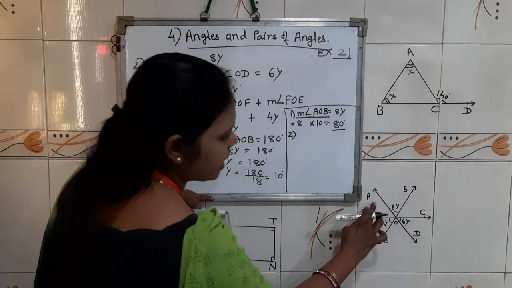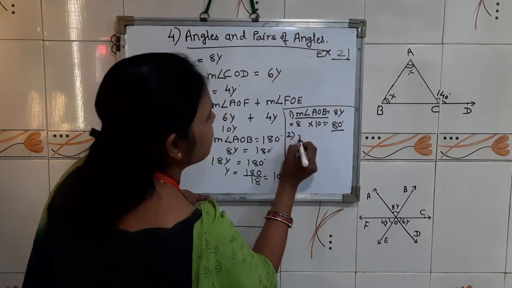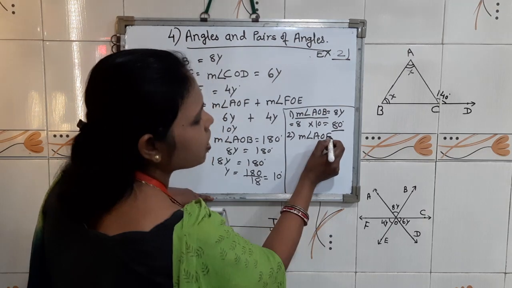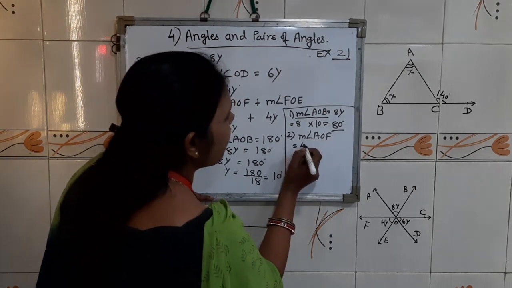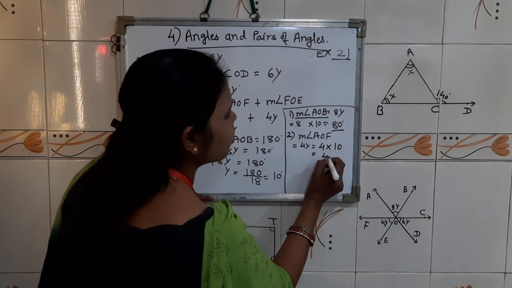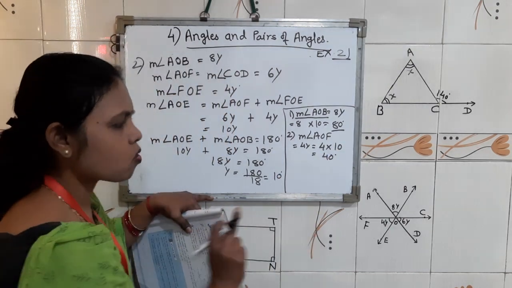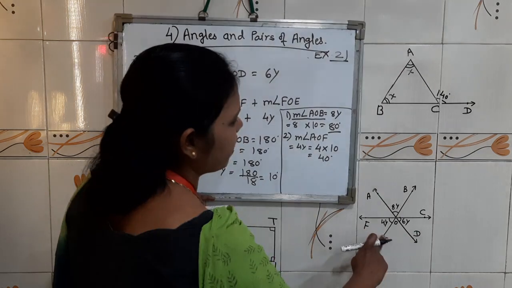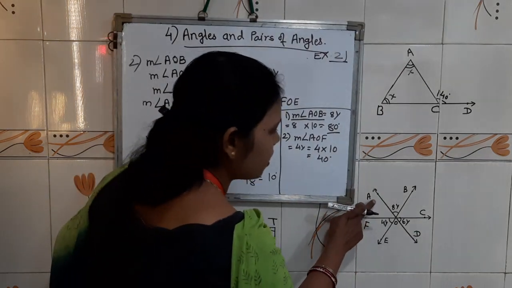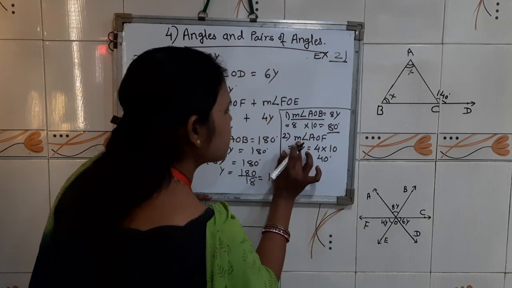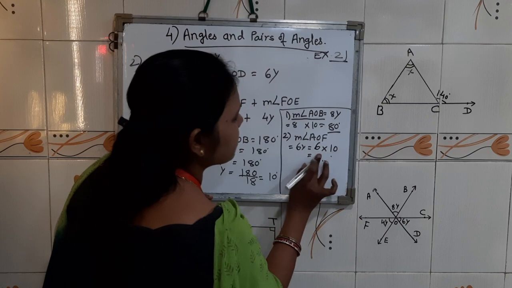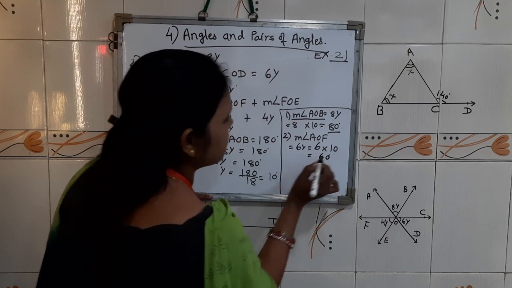Second one, measurement of angle AOF equal to 4y. That is 4 into 10, 40 degree. Next one, measurement of angle AOF is 6y. We are going to multiply by 6 and this one will be 60.